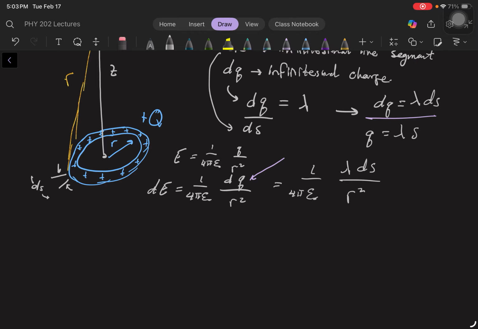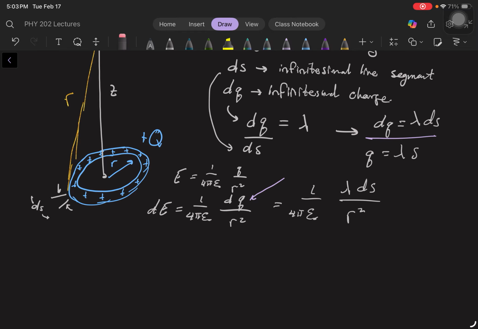And so we will say this distance here is capital R. And so we can say r squared is equal to R squared plus Z squared.